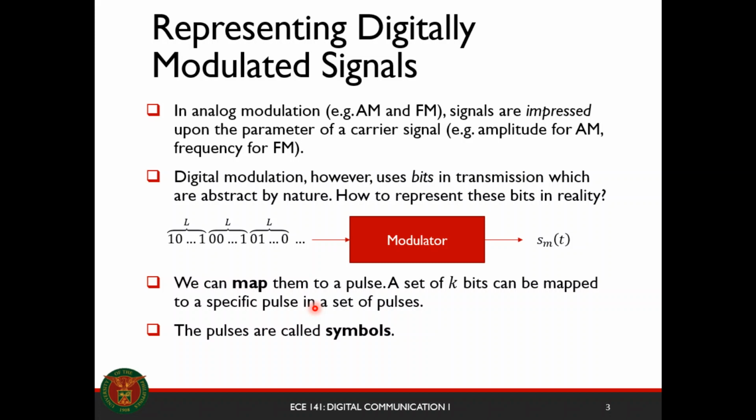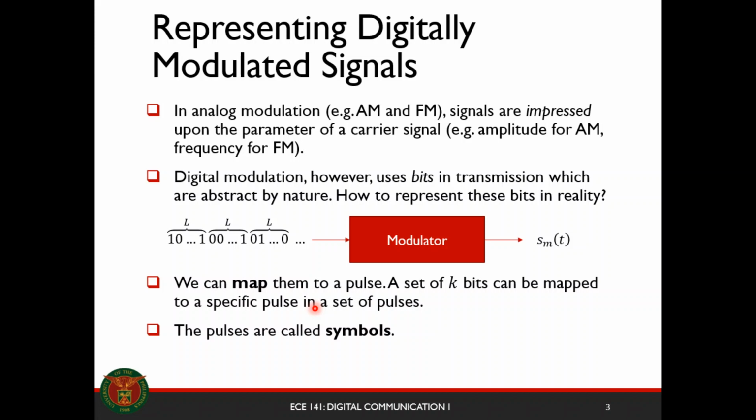That means the signal rides on the amplitude of your carrier, or the signal is within the frequency changes in the carrier. However, that does not apply to bits. How do we represent the abstract bits in reality? Actually, you don't know yet. Of course, I know. So this is what we'll discuss.